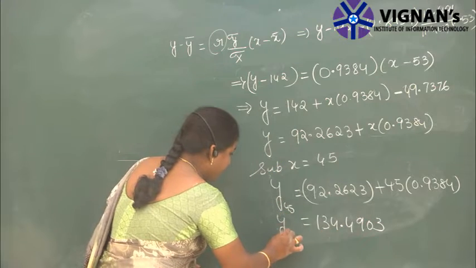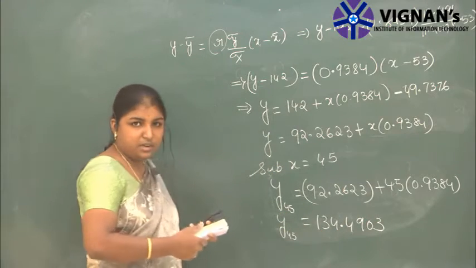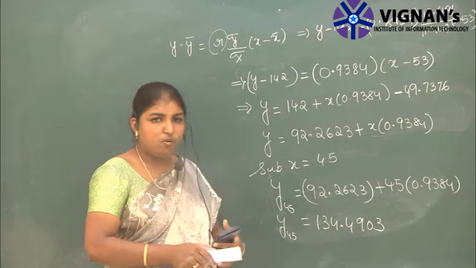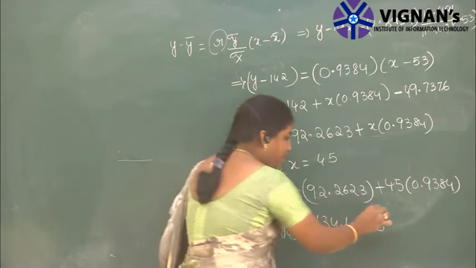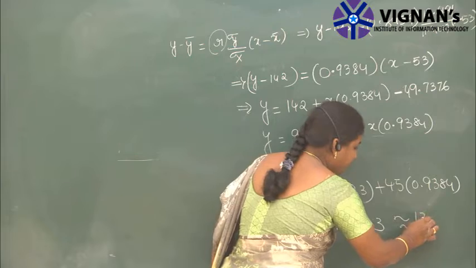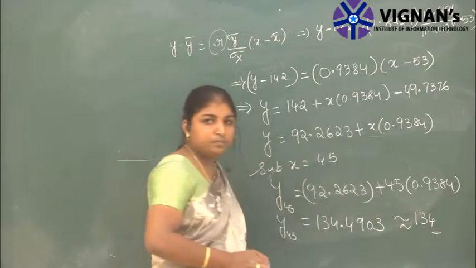So at the age of 45 the blood pressure is 134.4903, which is approximately equal to 134.